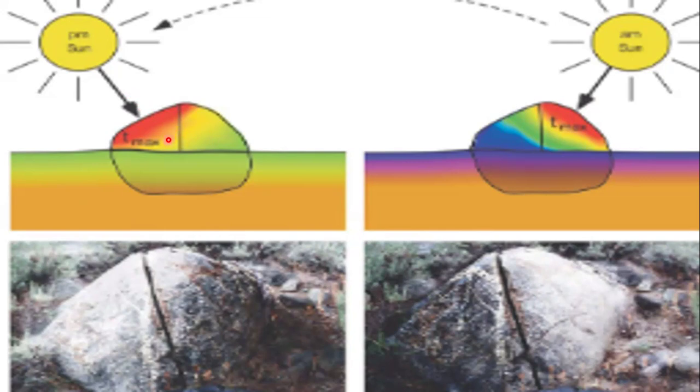These bare rocks heat during the daytime and cool during the night time, with the result that the outer layer of the rocks expand, and contract at night time when the temperature cools down.